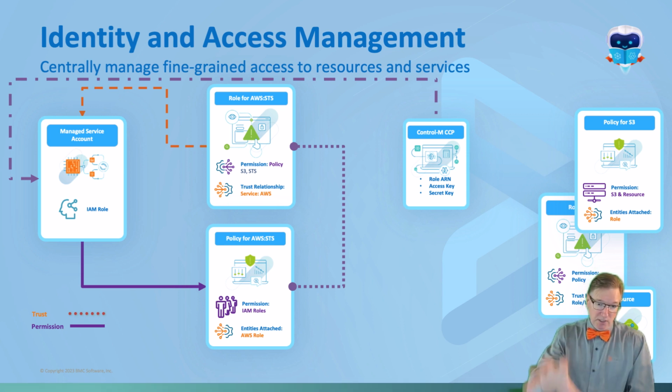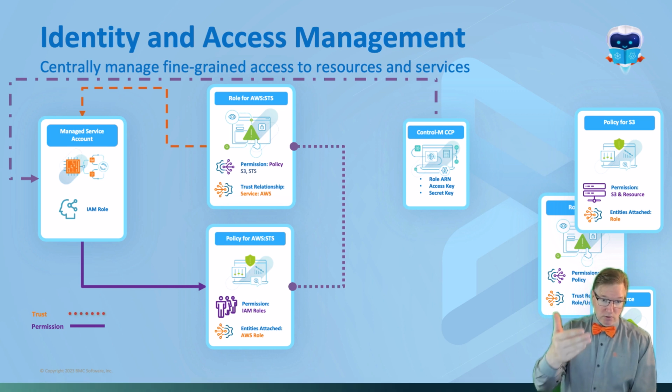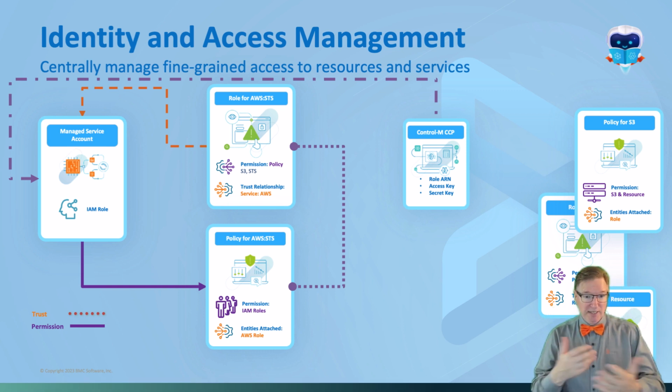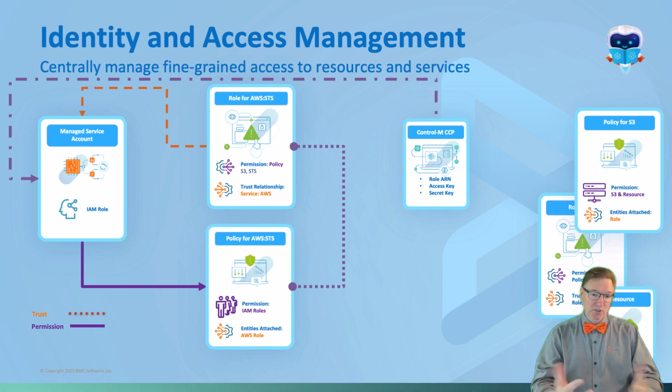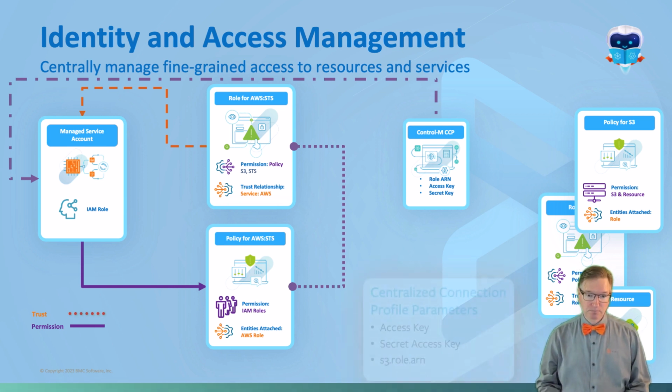Now, as you can see here, as the animation was running through, the connection profile utilizes the managed service account to authenticate itself against AWS, and this managed service account has no permission whatsoever. Then we tell it, utilize a specific role, and based on the role as well as on the policy, we can identify what roles we can switch into and what resources we can access.